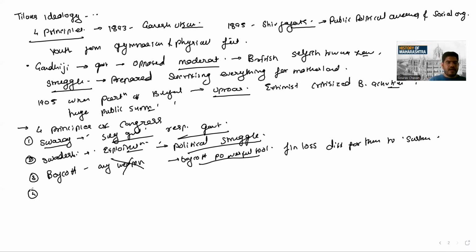And the fourth ideal principle which he followed was the principle of national education. What he said was that the system Macaulay gave was derogatory to Indians. So what we should do is have an education system which should increase the sense of patriotism.